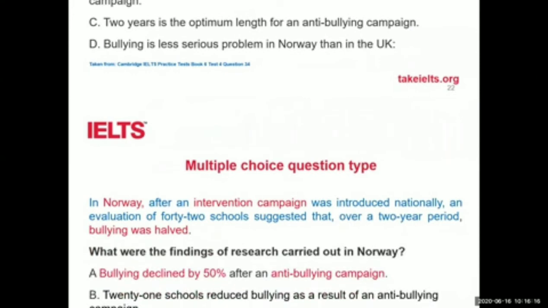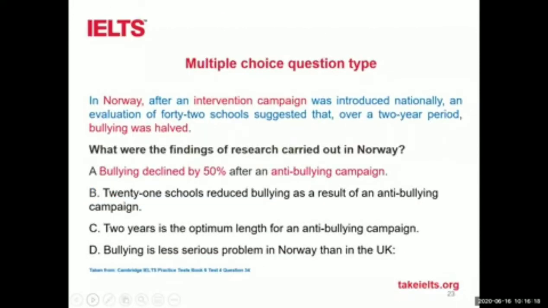Excellent. So here we've got the keywords, which most of you identified, which is excellent. And we've got the answer, which is distractor A. It says it declined by 50%, and the text uses the word halved. So you can see the need to use your vocab skills for synonymy there.